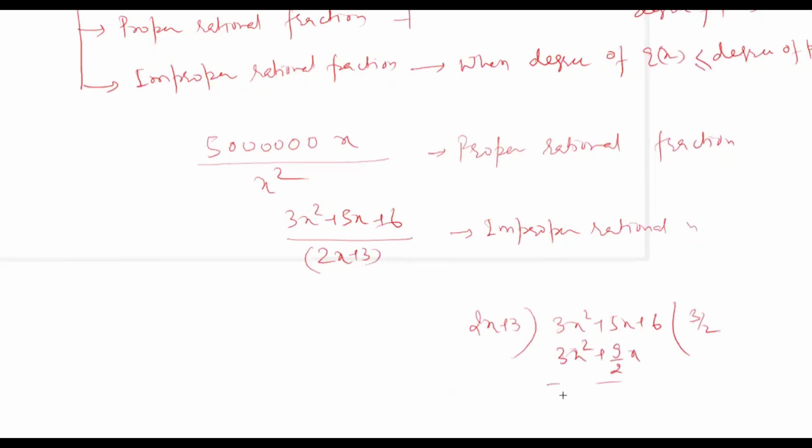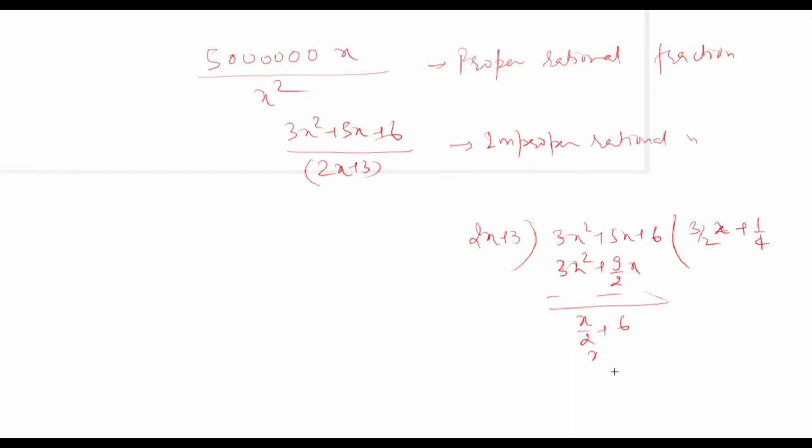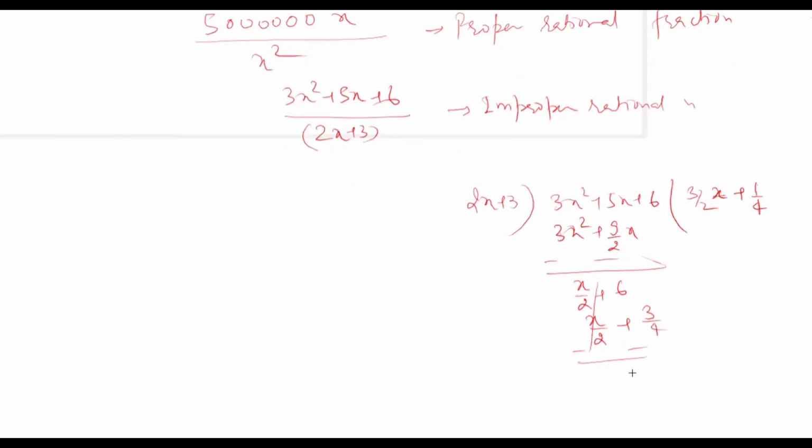Then this will be minus, minus. This will become x by 2 plus 6. Then I will be dividing it by, sorry, this is x, I'll be dividing it by 1 by 4, multiplying. So this will become x by 2 plus 3 by 4, and this will be minus, minus. So this will become 6 minus 3 by 4.